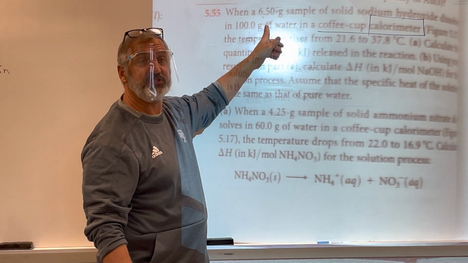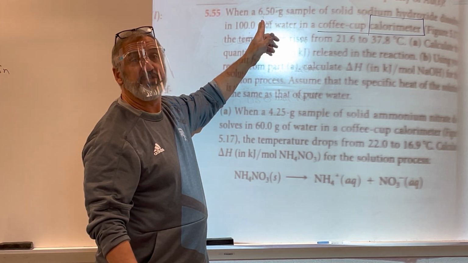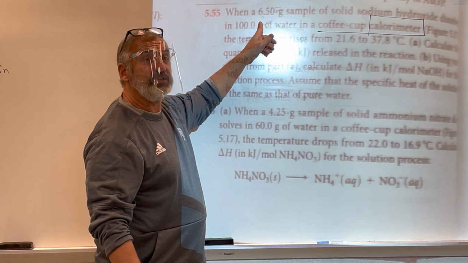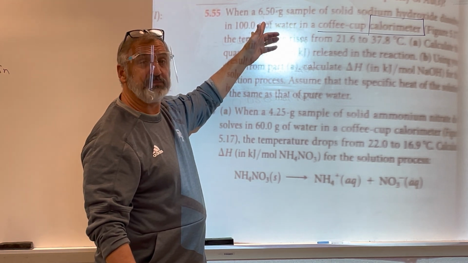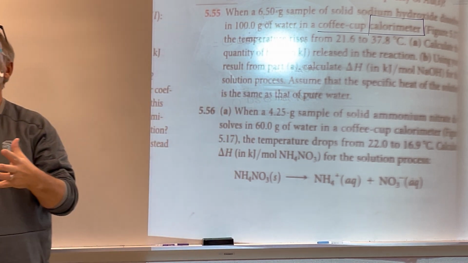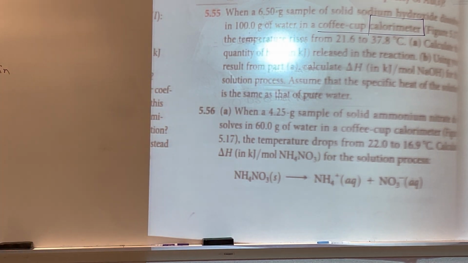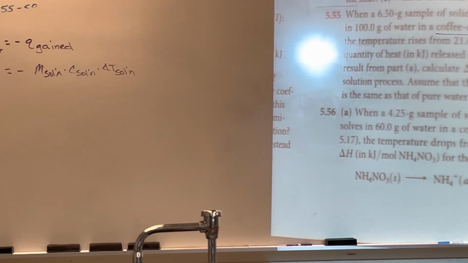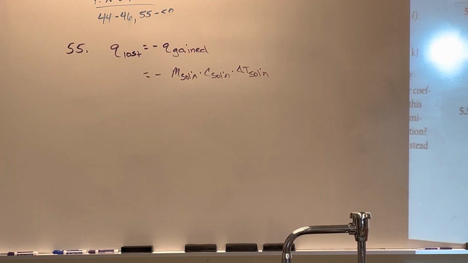Just like in the lab yesterday, okay, or Tuesday, we put the 2 grams of sodium hydroxide in the 100 grams of water. We measured the whole mass of the solution because that's what's going to gain the heat. All right, we always assume the specific heat is the same as that of water, which is 4.184. And then we look at the temperature change, 21.6 to 37.8. And it's always going to be T final minus T initial.